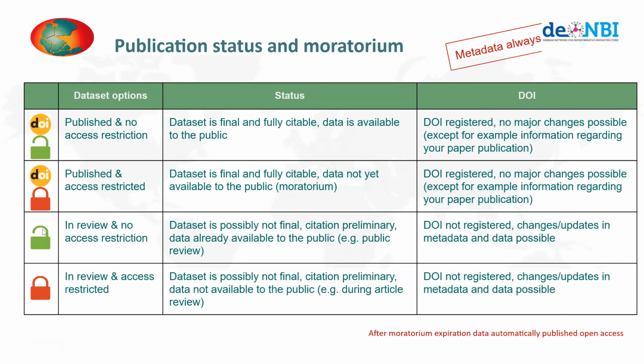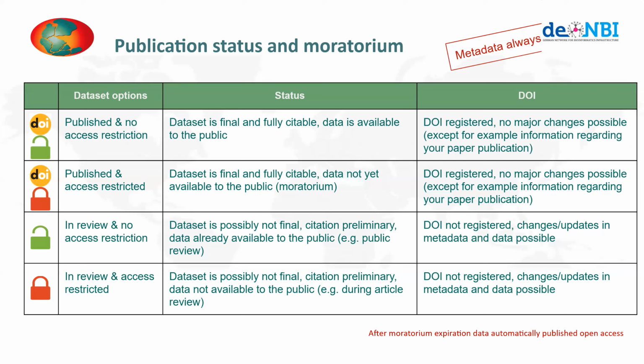Another option you have at this stage is to leave the dataset in review status. This is typically used for the cases when you are not 100% sure if the dataset is final, because during the peer review in some kinds of data, it can show up that maybe some recalculations are needed and you need a new version.